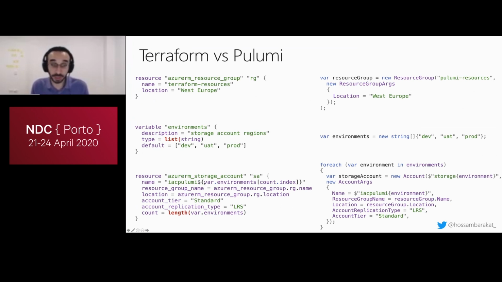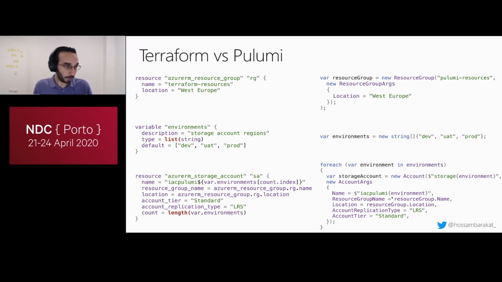I need to learn how to read from a variable, and how to use a resource group, like how to access another resource. But in C#, it's just a new instance with a string interpolation. No magic in there. So as you can see, if you are coming from a development background, the learning curve is much less compared to Terraform, or even worse if you were to go with YAML or JSON or anything like that.